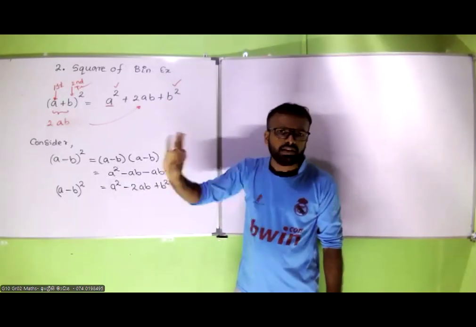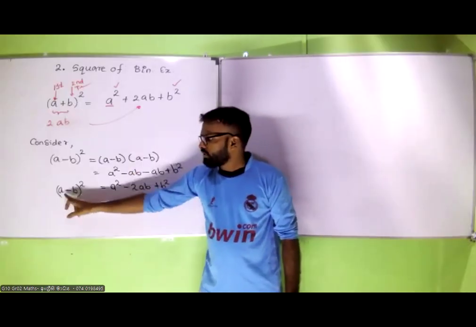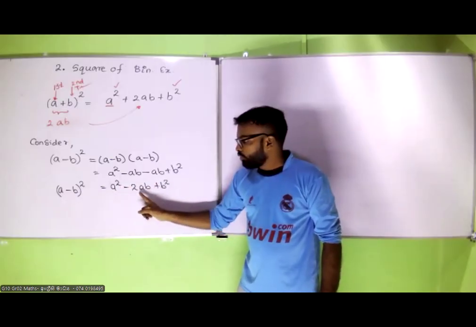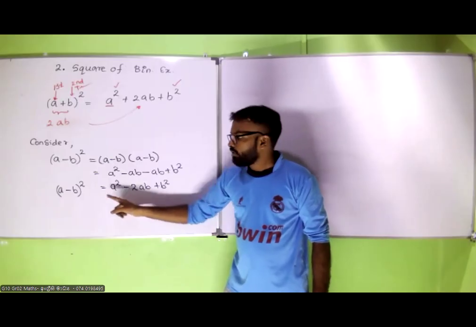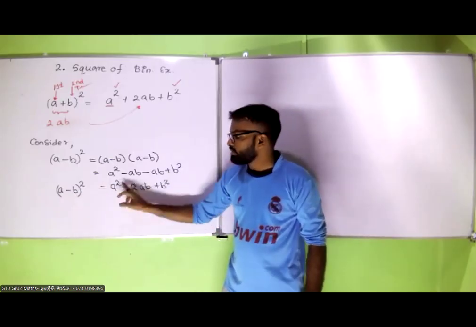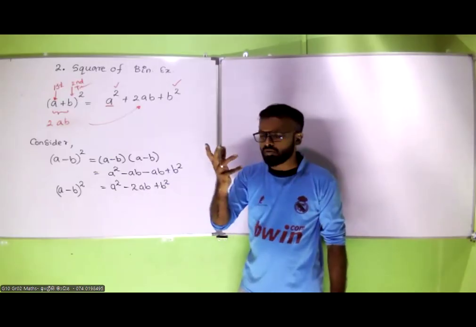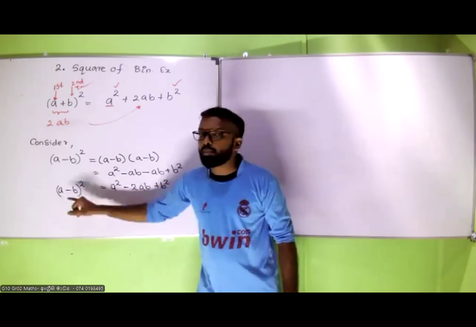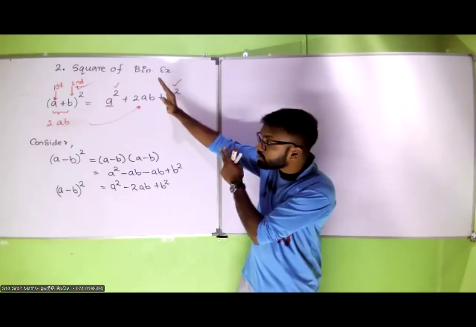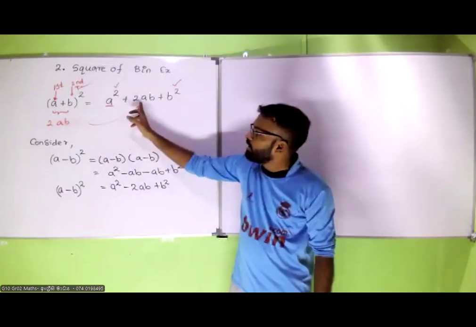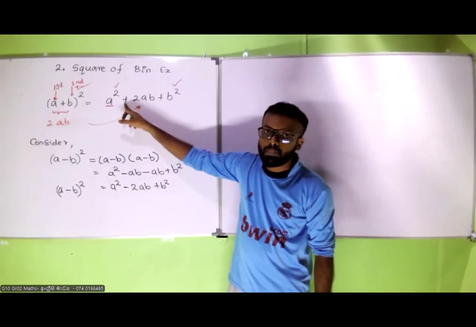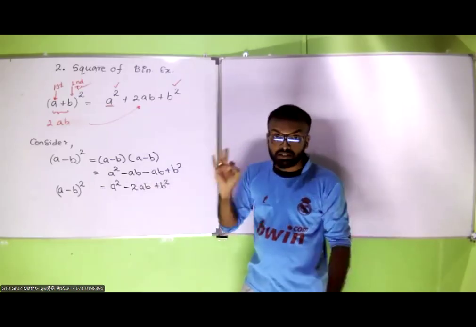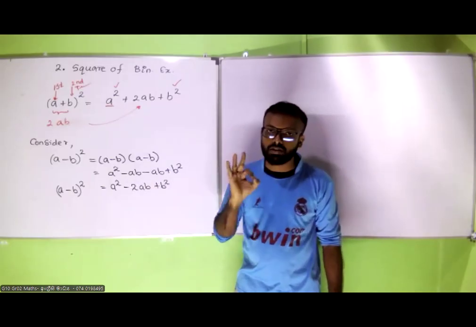All the other things are the same: square of the first term, square of the second term, 2 times the product of first and second term: a squared, 2ab, b squared. Only the sign of the middle term changes to negative since this is a minus b. In a plus b the middle term sign is positive; where you have a minus b, the middle term sign is negative. That is the only change you can identify.